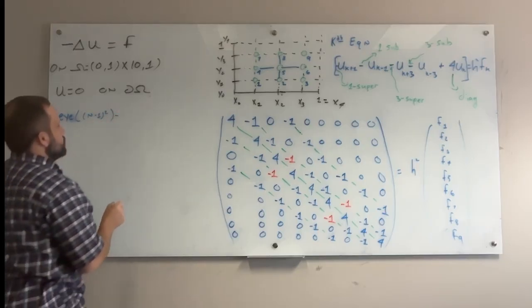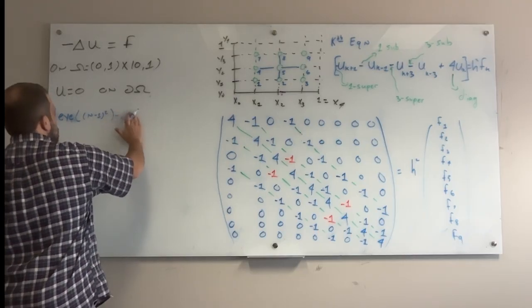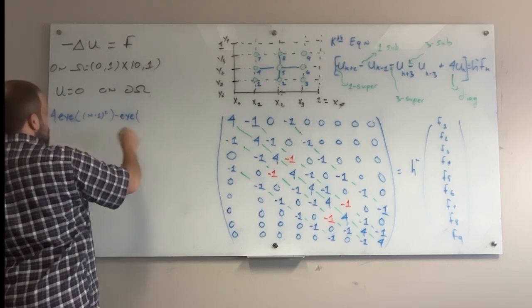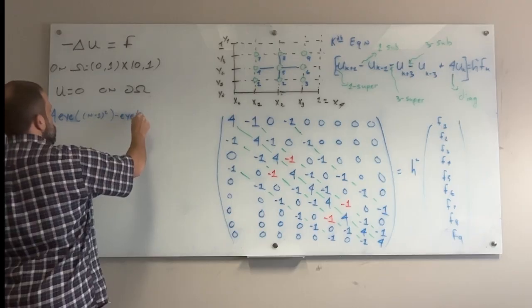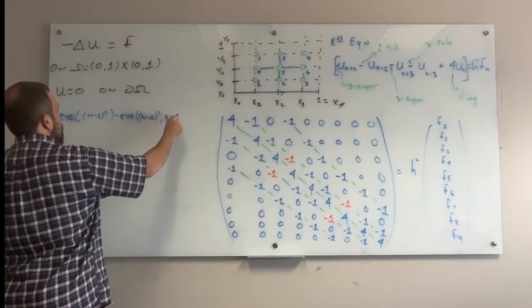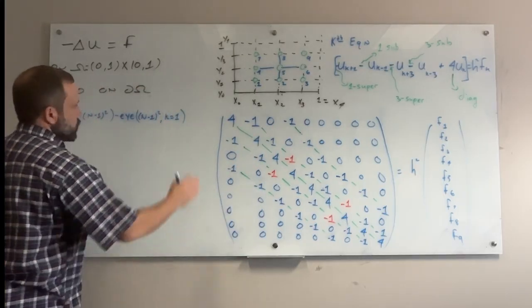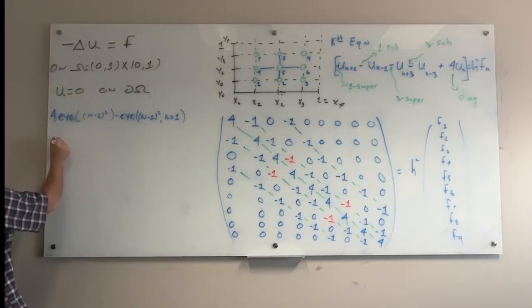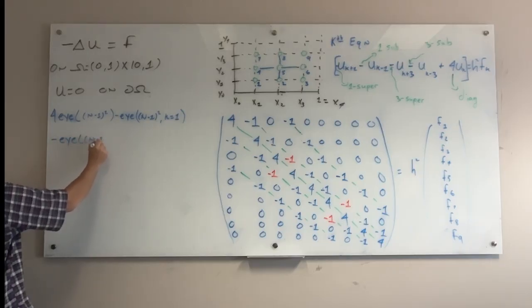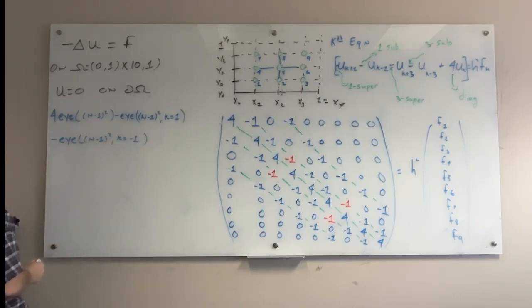And then we're going to do something like minus EYE, and then n minus 1 squared, k is equal to 1. That's going to give us the first subdiagonal, or the first superdiagonal. And then minus EYE n minus 1 squared, k is equal to minus 1.